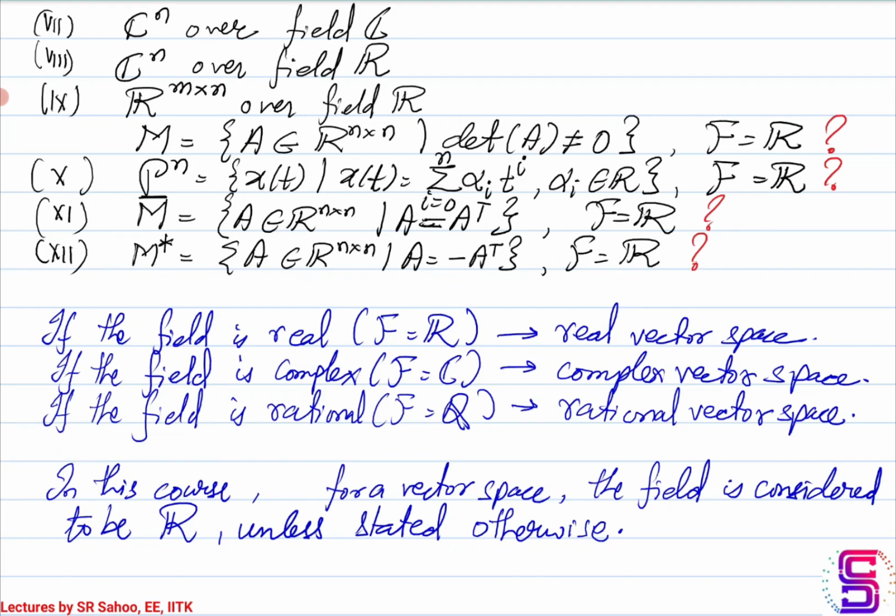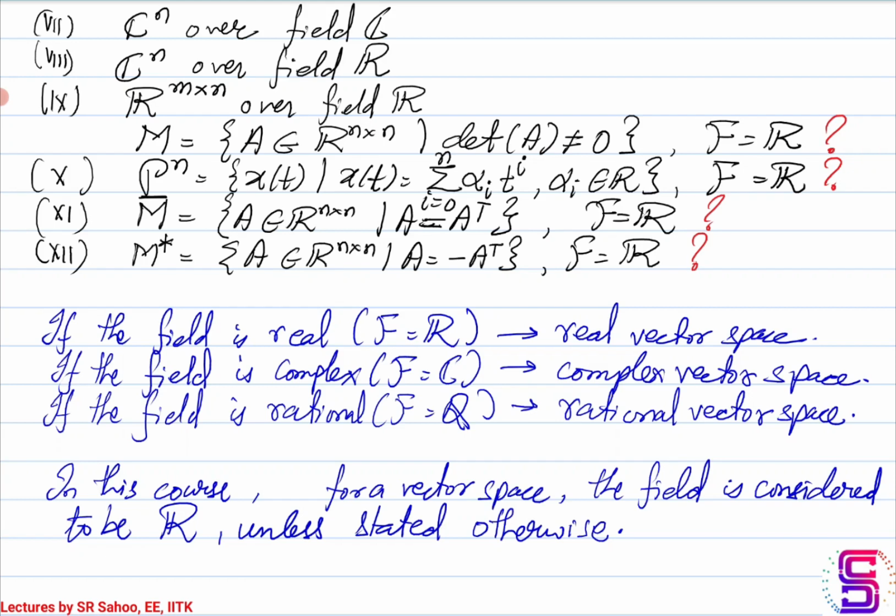The vector addition is nothing but the matrix addition that you perform, and the scalar multiplication is basically the operation that you perform when you take a scalar and multiply it to a matrix. In such cases all the elements in the matrix get scaled by the scalar. So under these two operations, please verify whether this is going to qualify as a vector space or not.